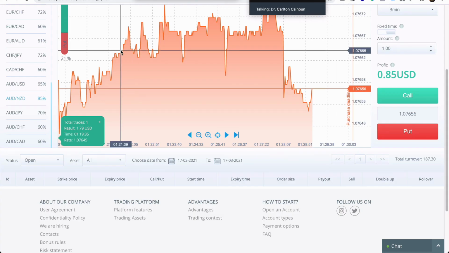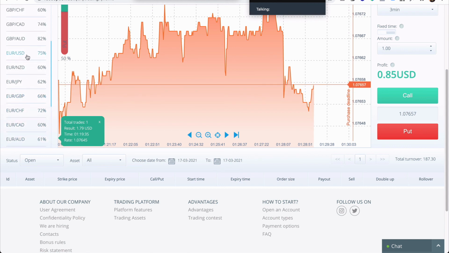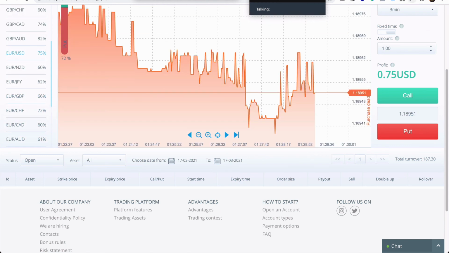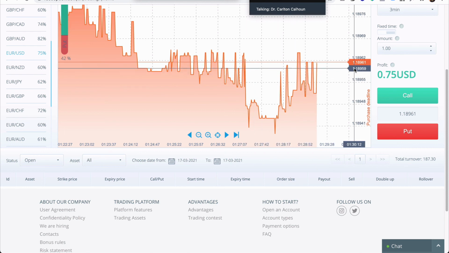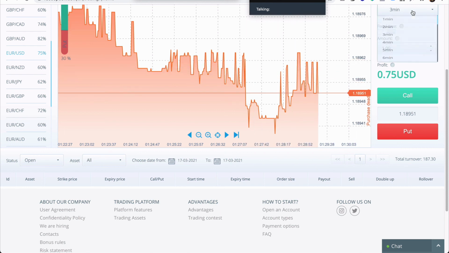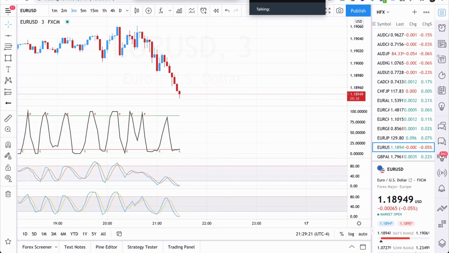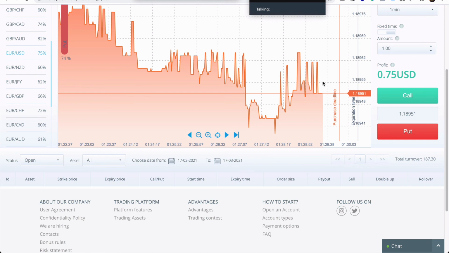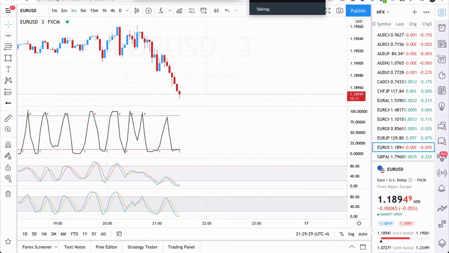So on Euro USD, see how it's spiking? See what happens on that next candle.